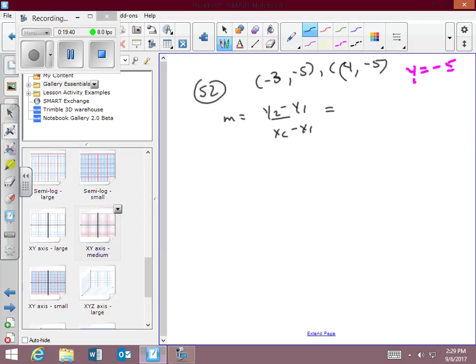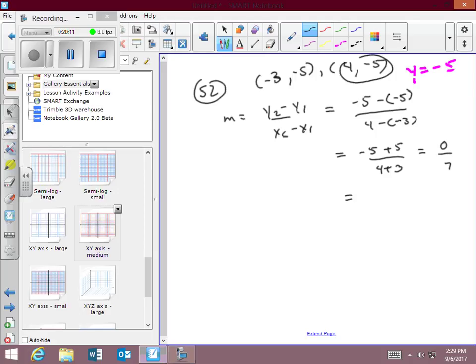I'm going to use this pair over here first. -5 minus a -5, right? And then the denominator is 4 minus a -3. That numerator is minus 5 plus 5 over 4 plus 3. So this numerator is what? 0, and the denominator is 7.